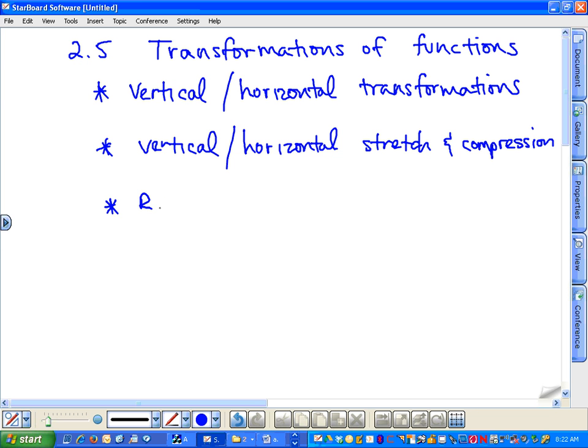We need to talk about reflecting. And last, and don't let me forget this, sometimes I forget about this topic, even versus odd functions.